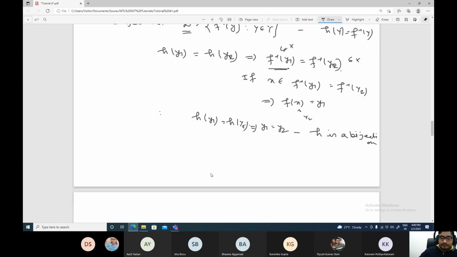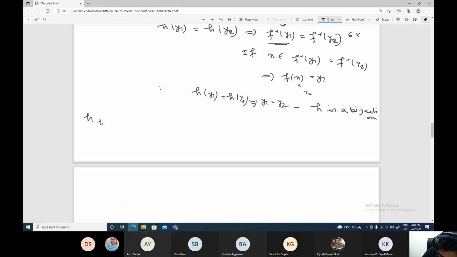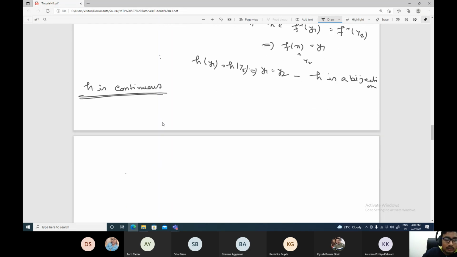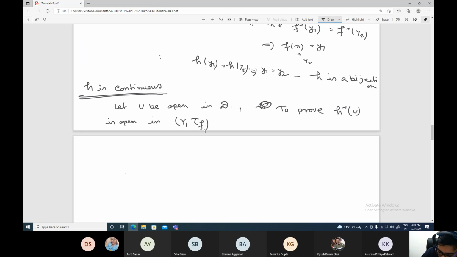Now the main thing. So h is continuous, right? How is h continuous? To prove h is continuous, let U be open in D. We have to prove that h inverse U is open in Y, tau.